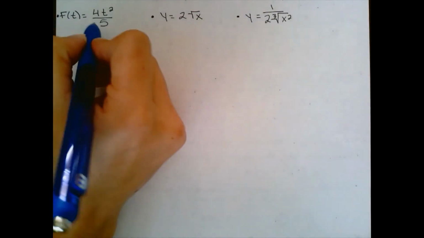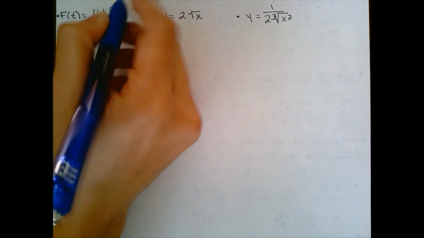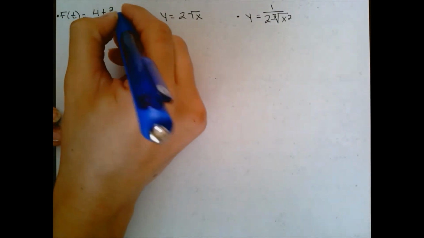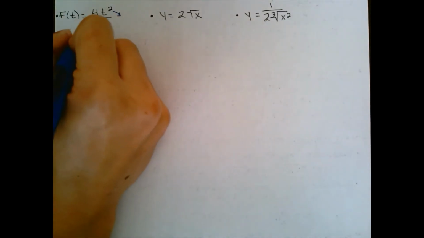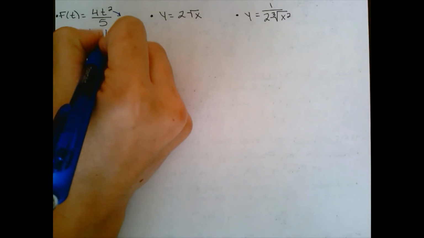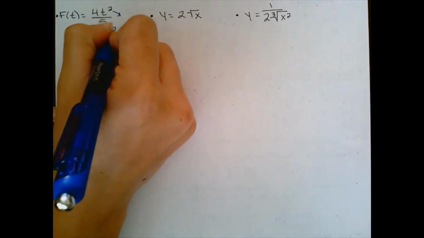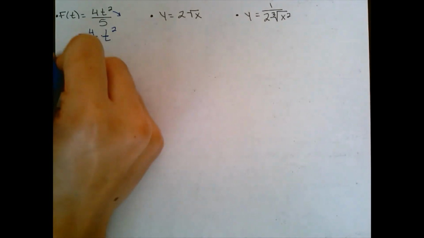So what I'm allowed to do is, because it's in the numerator, I can write it separately next to that 4 over 5. Not put it in the bottom, but I can say 4 over 5 times t squared. Okay? And now I can do a nice simple power rule.